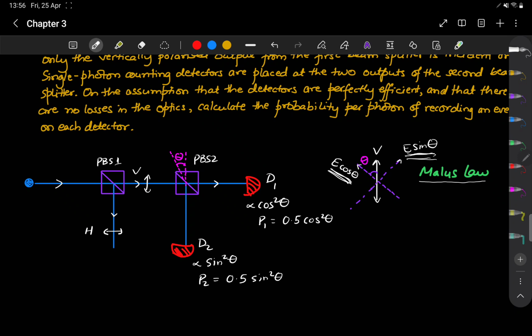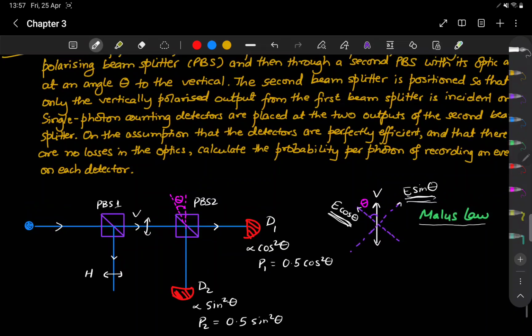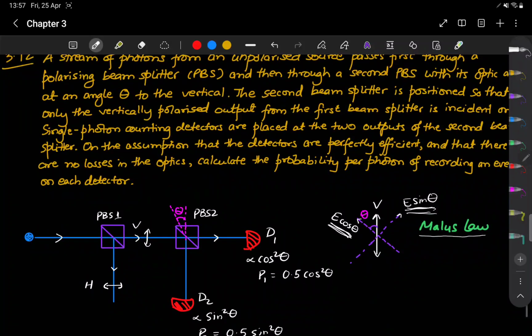Similarly, in the quantum sense, we will say the number of photons passing in reflection and in transmission are half the number of photons in the input. So classical to quantum is a very easy transition, wherein electric field amplitudes are replaced by number of photons and intensities are replaced with probabilities.